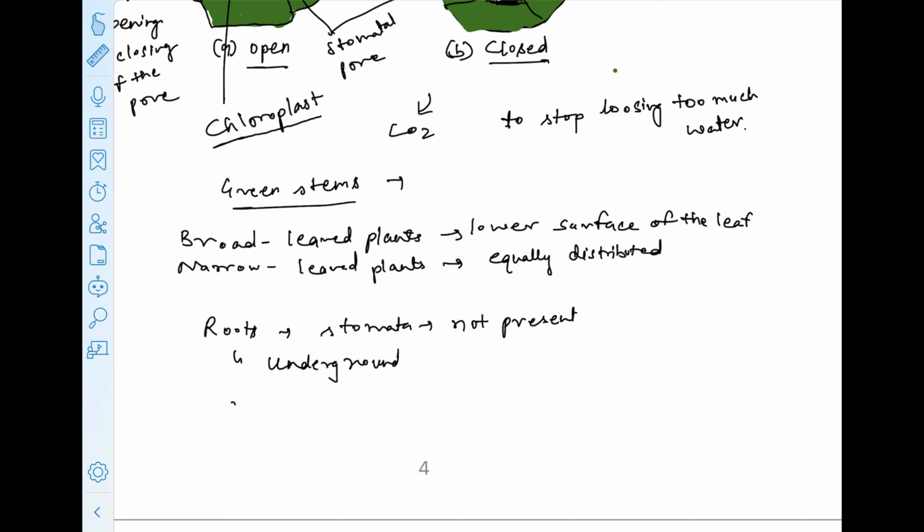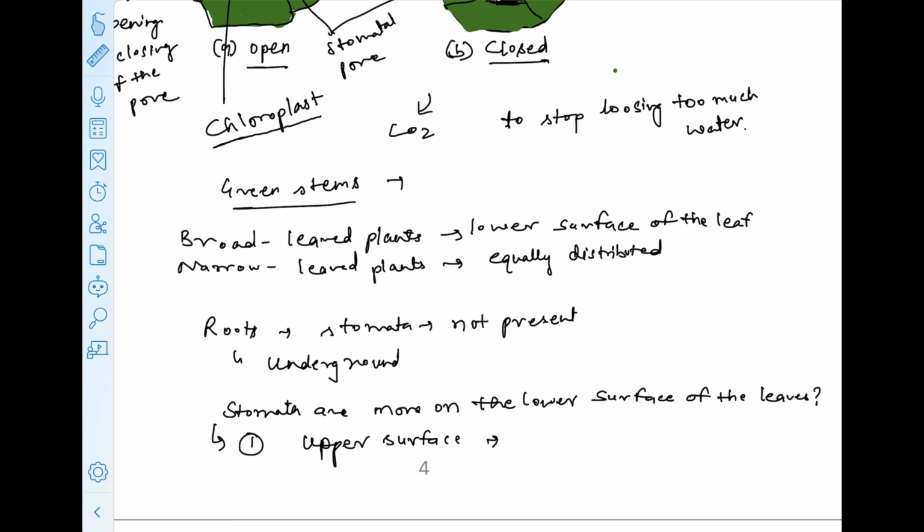Okay, another point is stomata are more on the lower surface of the leaves. Why? Upper surface gets strong light. Okay. So if too many stomata were there, too much water would evaporate.